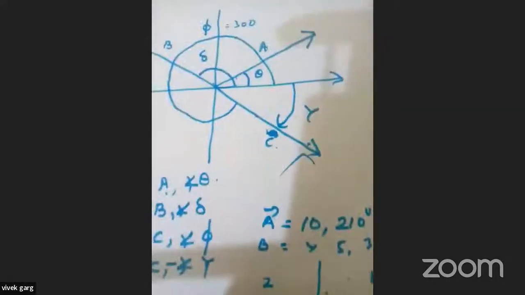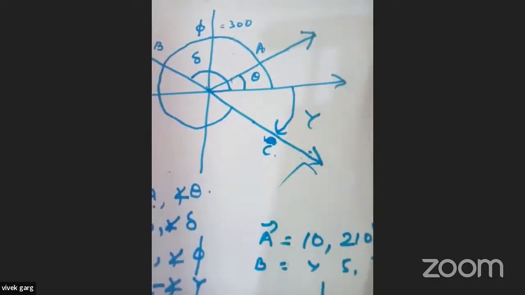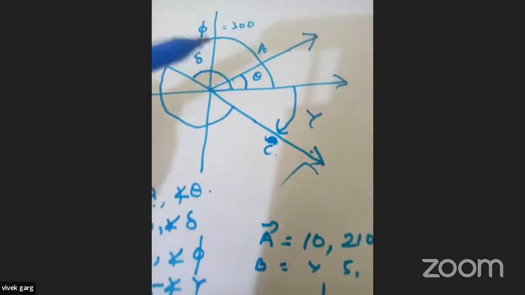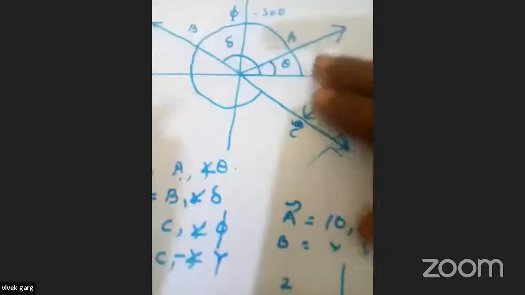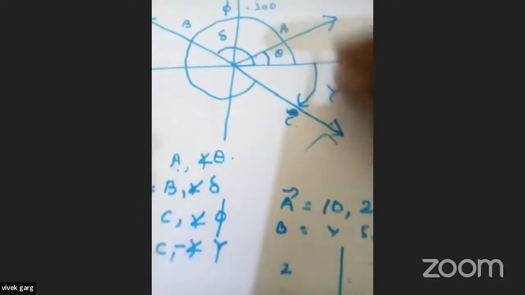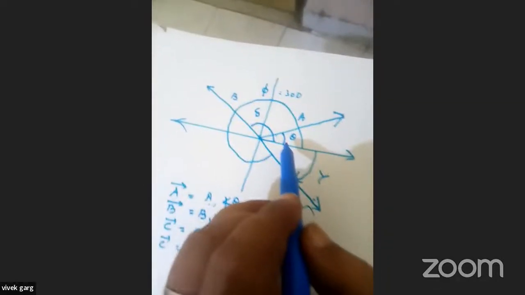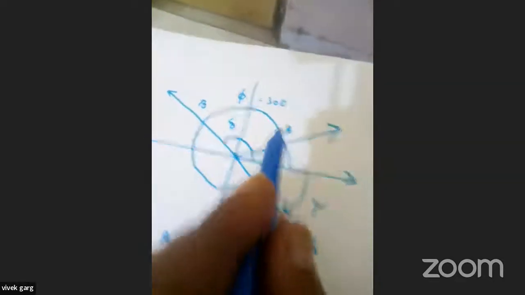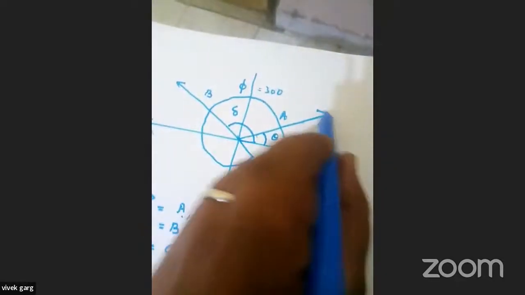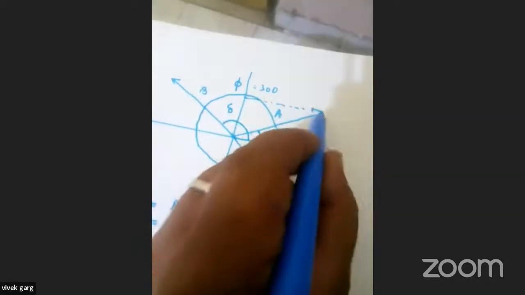So now let us come to this scenario. This A vector, I said it has a magnitude and a direction. So it was represented by a line and an angle, by a length and an arrow. Now, if you look at it this way, suppose I draw a coordinate system.